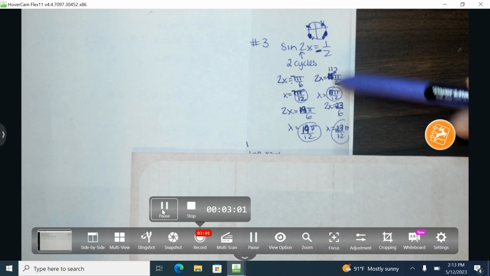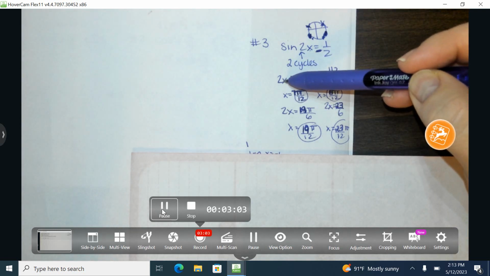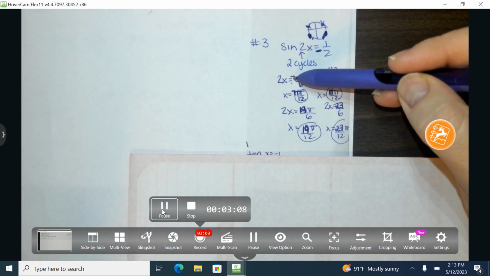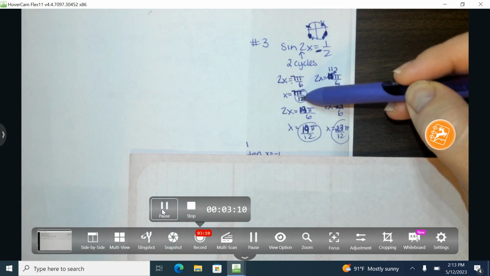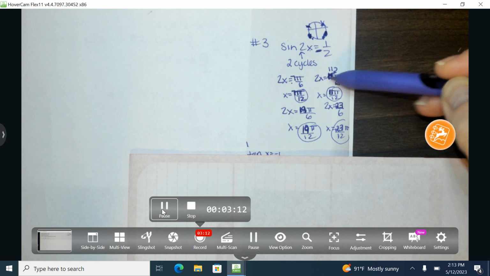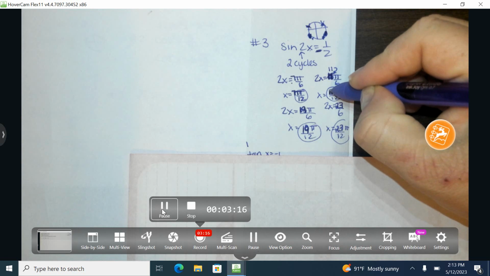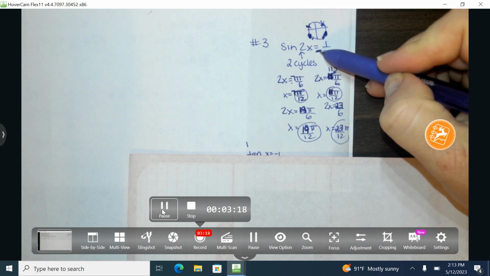Now, how do we go about solving for x? When you divide by 2, you're just going to take the denominator times this outside number. That's how it becomes 7 pi over 12. Likewise, we have 11 pi over 12. Remember, I had previously a different number because I didn't realize there was a negative.